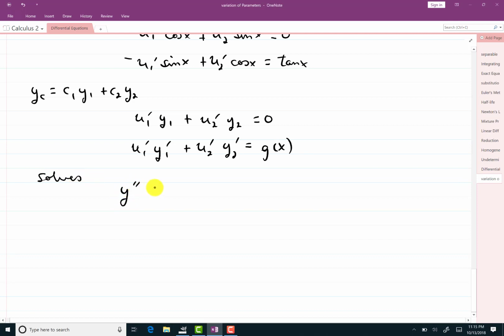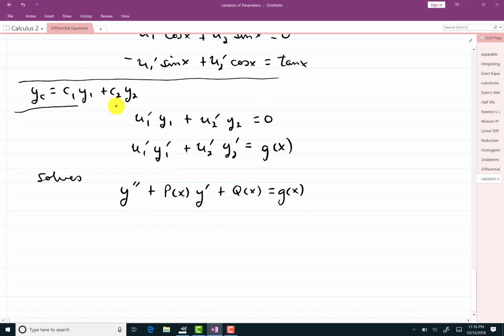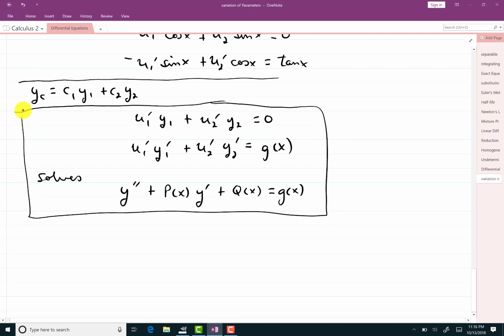Y double prime plus, and we might have in here a function attached to y prime, and then we may have another function, equal to g of x, say. So this is the trick right here. We assume a solution, use y sub c in there to help us create a solution.